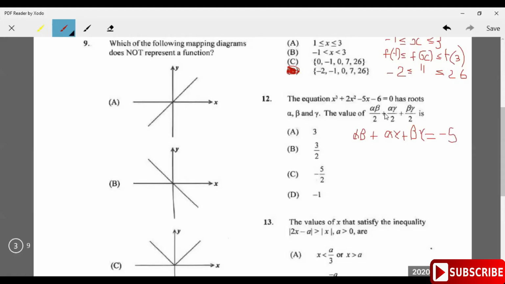But they don't want that. They want alpha beta over 2 plus alpha gamma over 2 plus beta gamma over 2. So let's divide all of this by 2. What I do to one side, I do to the other. And so it is -5 over 2. That is C. Easy question. Soft.